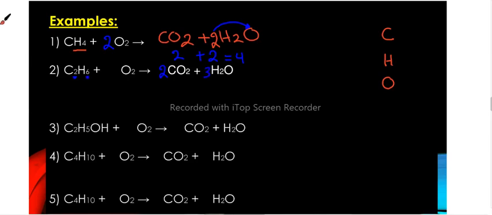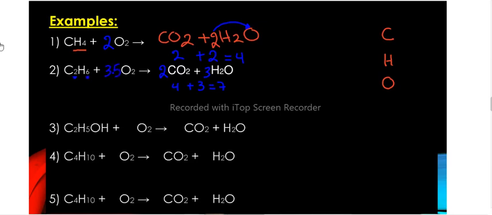Now, let's count the total number of oxygens. 2 times 2, it's a 4, plus 3, so it's a total of 7. Now, the question is, 2 times what? It's a 7. It is allowed to multiply by a decimal or a fraction. So if you start thinking 2 times what equals 7, the answer is 3.5.